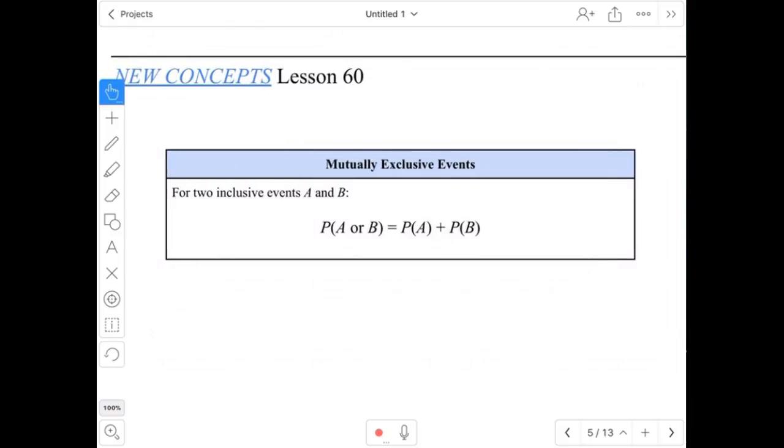So looking for the probability of A or B for mutually exclusive, or we could call this disjoint as well, that's just the probability of A plus the probability of B.